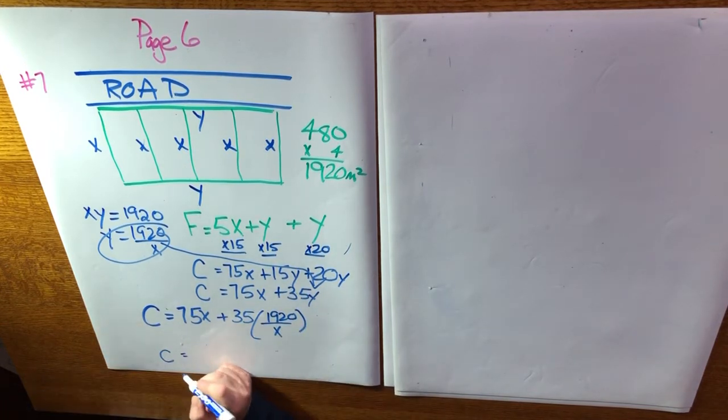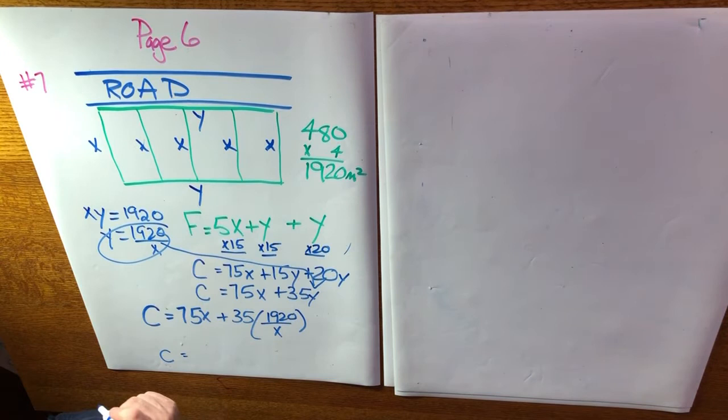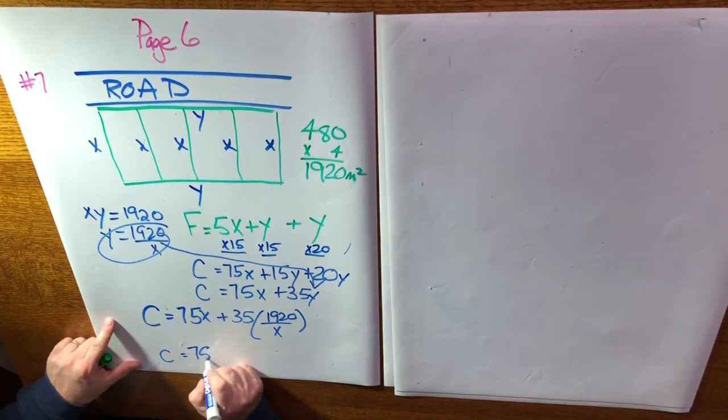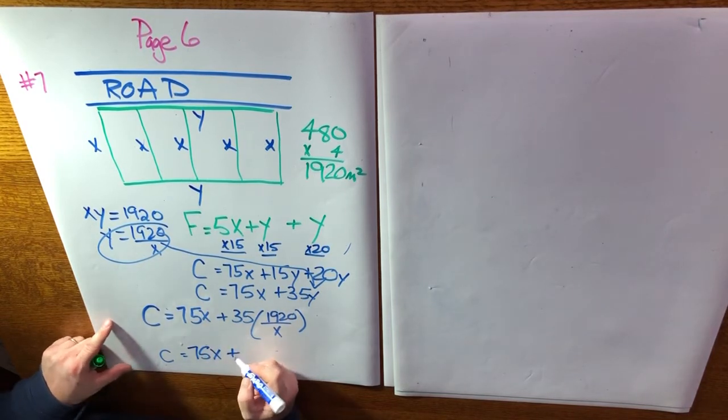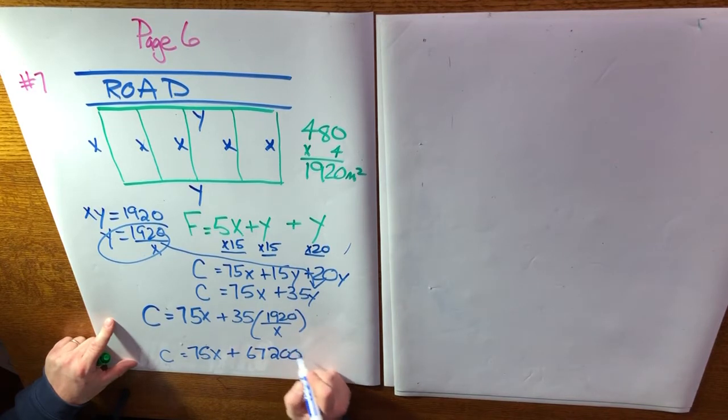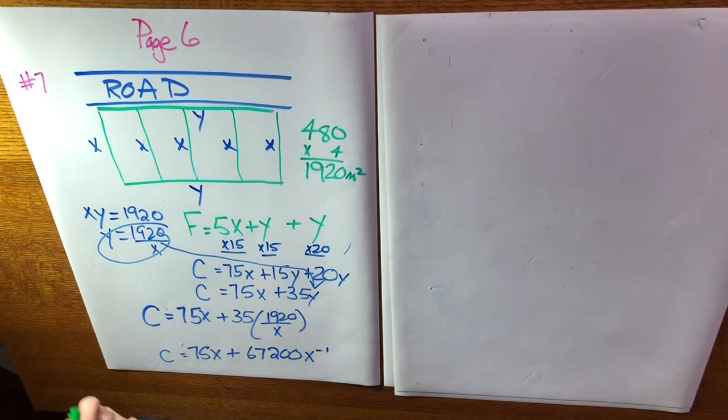So C equals 75x plus 67,200 x to the minus 1.